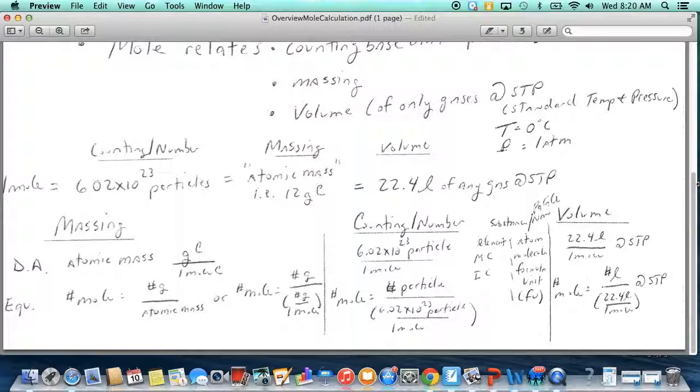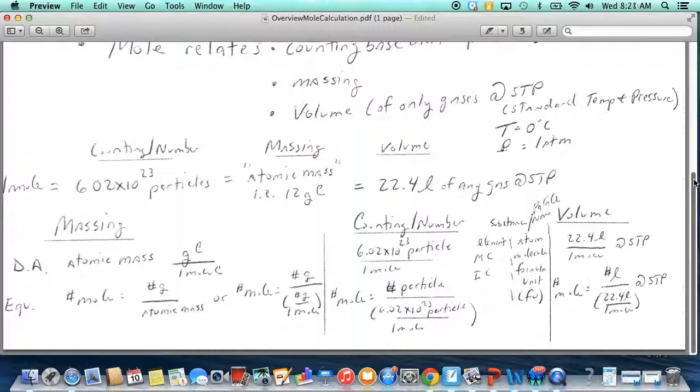If you're massing it, it's equal to the atomic mass, which we're going to change to a different name, molar mass, if we're talking about any kind of particle or any kind of substance. Atomic mass is the name for just atoms. And then 1 mole is also equal to 22.4 liters of any gas at STP.